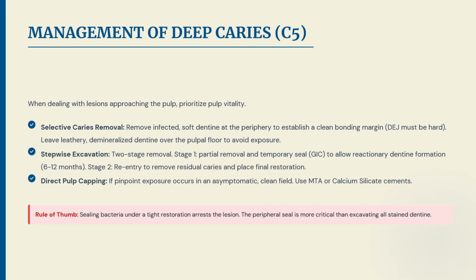Next one is direct pulp capping. If a pinpoint exposure occurs in an asymptomatic clean field, so let's say you're doing this in the clinical environment, if you accidentally expose a pulp and you consider that it's in a clean field, you can always use MTA or calcium silicate cements.